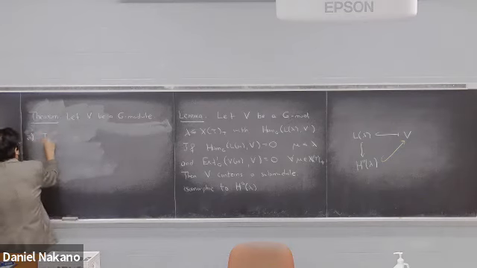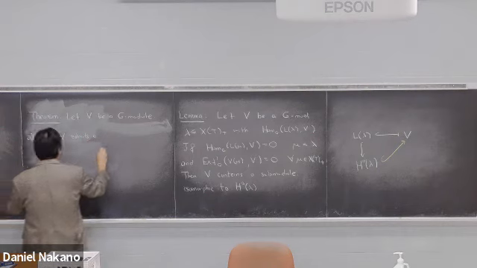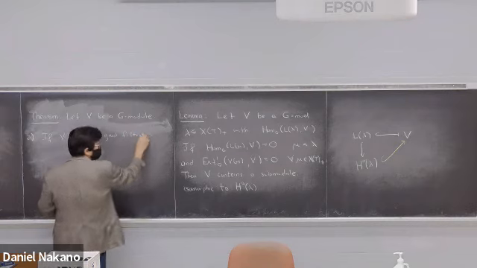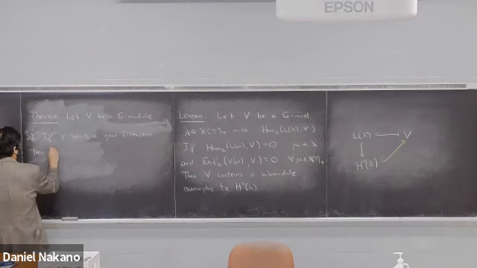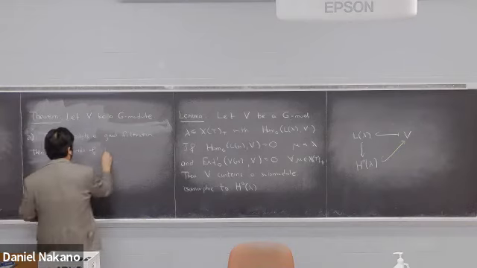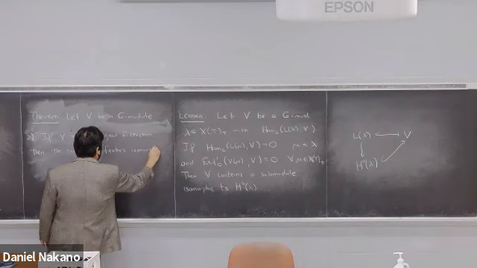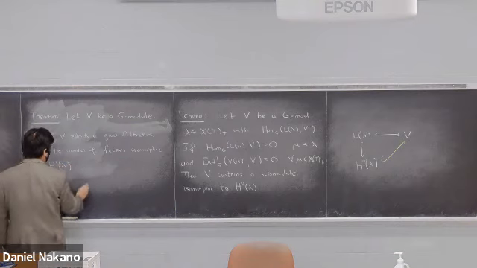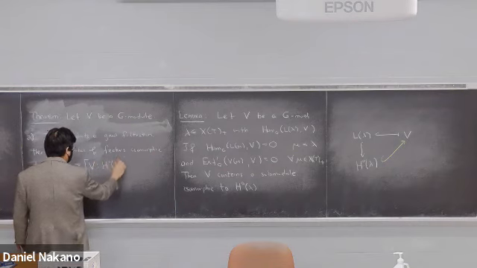So if V admits a good filtration, then the number of factors isomorphic to H0(lambda), which we denote by (V : H0(lambda)). Okay, this isn't a statement, this is just notation.